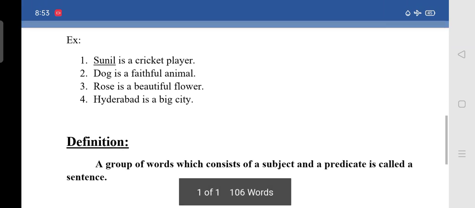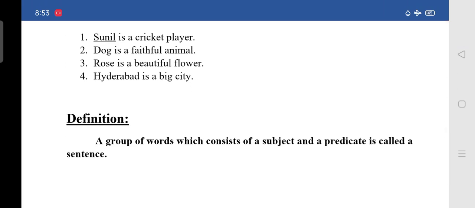Finally, I want to give you the definition of a sentence. What is the definition of a sentence? A group of words which consists of a subject and a predicate is called a sentence.